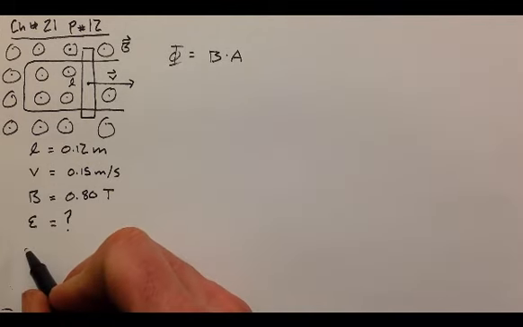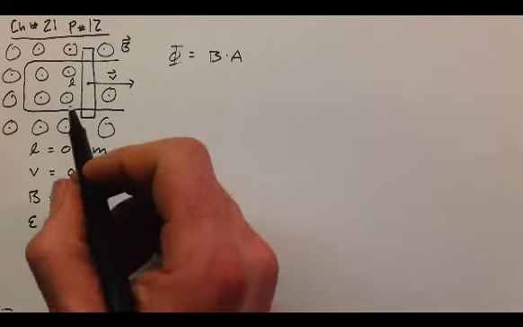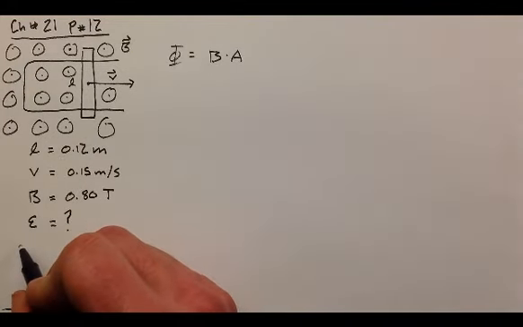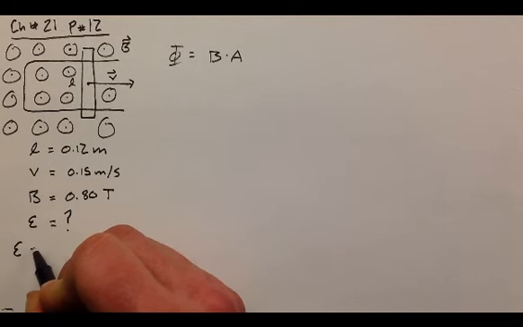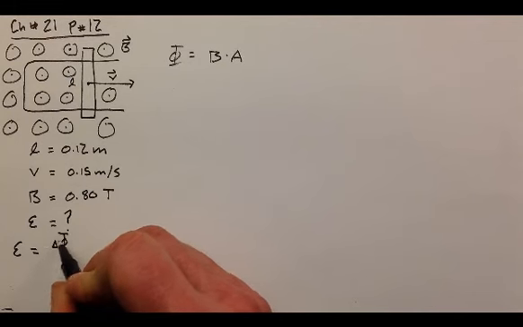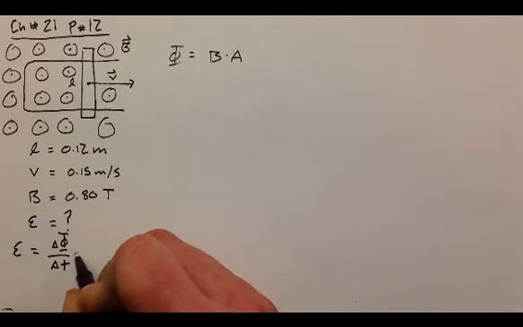Let's write down Faraday's law of induction here. We just have one loop, and we'll deal with the direction in a minute. We know that an induced EMF is equal to the rate of change of magnetic flux.